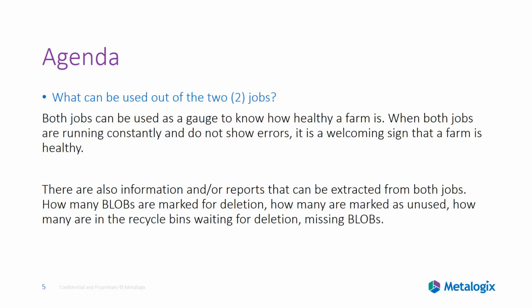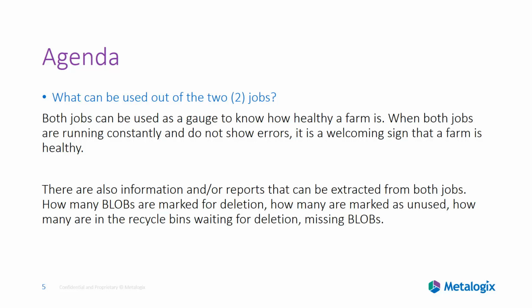Moving forward with the next topic, what can be used out of these two jobs? Just like what I said in the early part of the session, these jobs are greatly used to gauge how healthy a farm is. When these jobs complete, it gives you summaries and or reports, especially with the BLOB Health Analyzer.